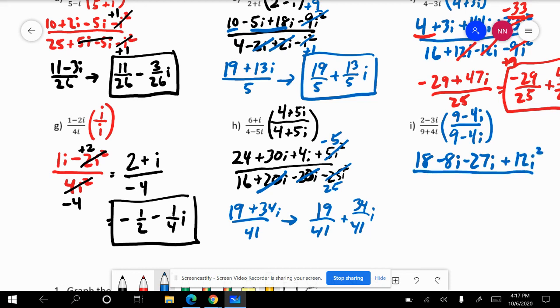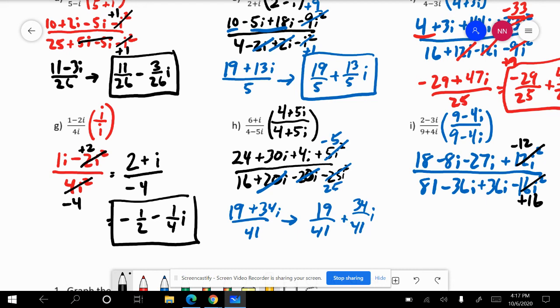In the denominator, 9 times 9 is 81. 9 times negative 4i is negative 36i, positive 36i, and negative 16i squared. Remember that i squared is negative 1, so negative 12, positive 16.